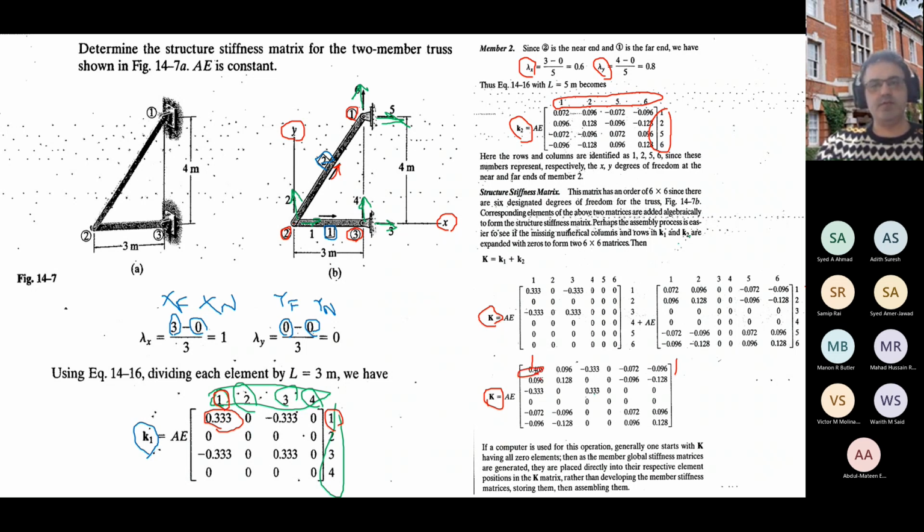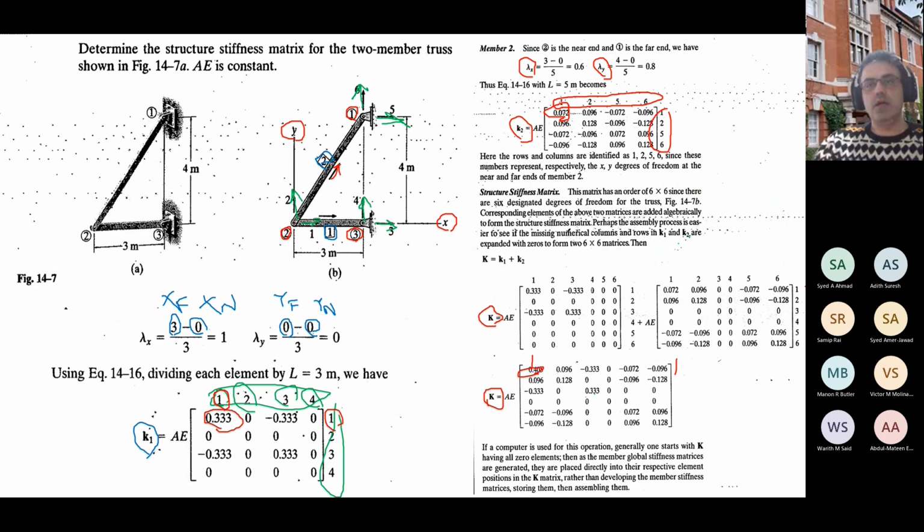But it is 0.4 something. Why is that different? Because when I finish with the first matrix K1 and go to the next matrix to put it in the bigger matrix, I have another number which corresponds to column 1 and row 1. So this number goes to this place and is added to the previous number 0.333, and you will get 0.4.